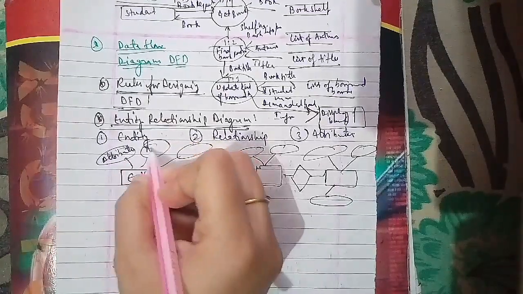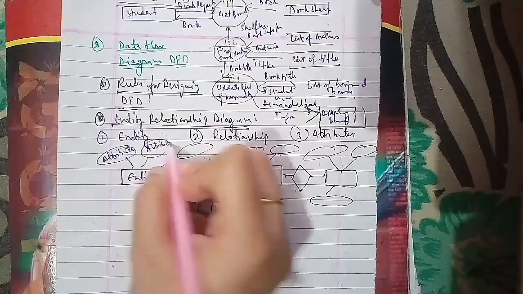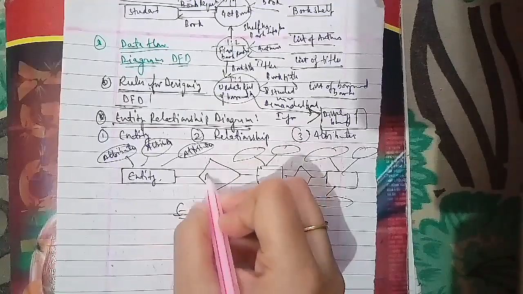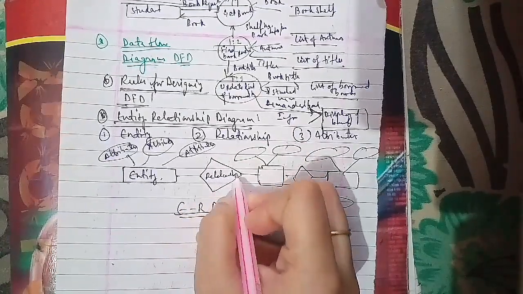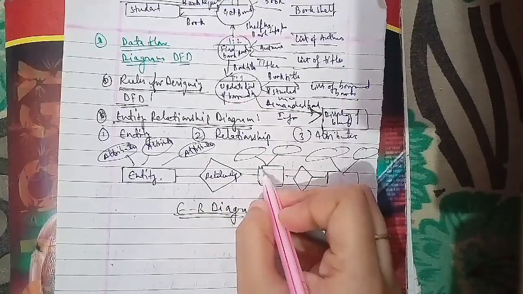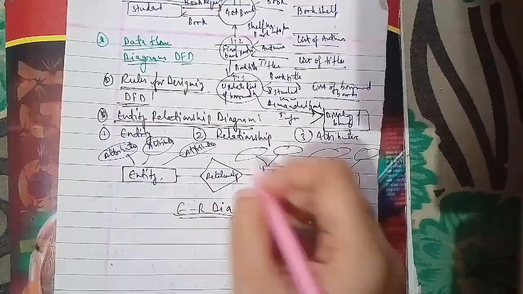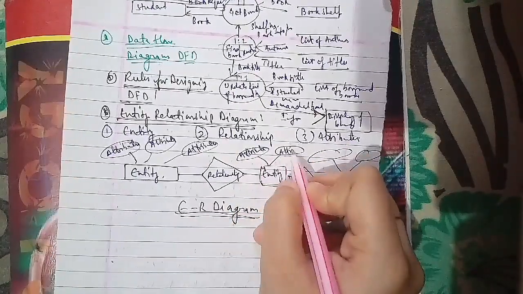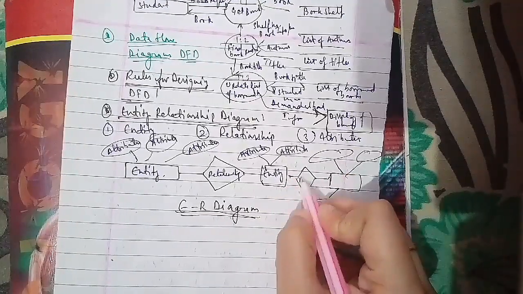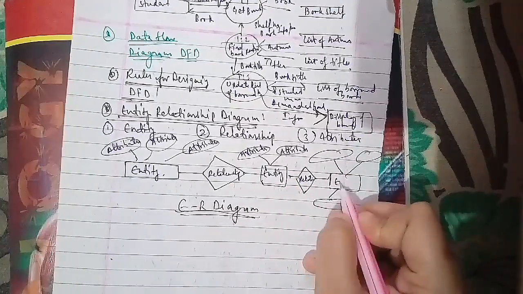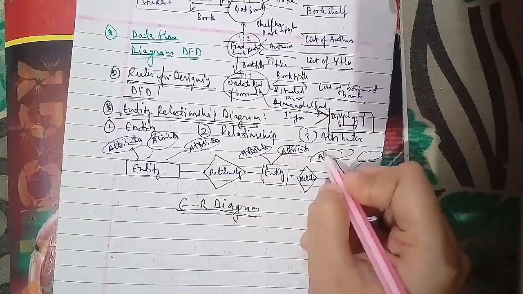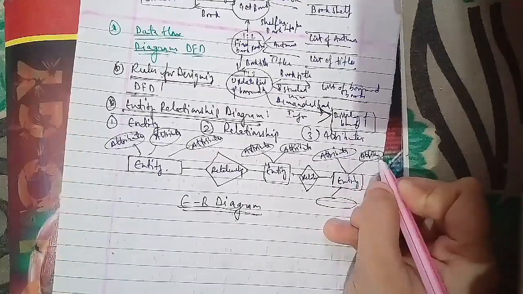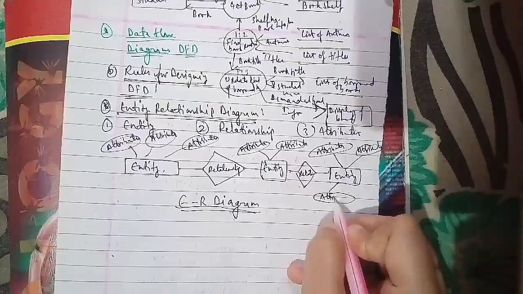With this relationship we have two entities, with attributes here. It will have a relationship that is connected, and we have an entity with one attribute. This is connected to it, and this is also having one attribute. So this is an ER diagram for a bookstore that we will go through in detail.